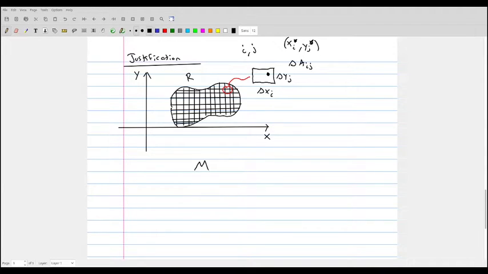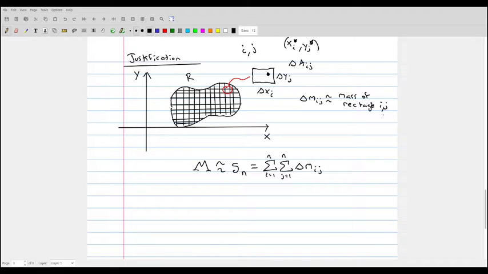The total mass of this object, this lamina R, is going to be approximately equal to the Riemann sum Sn, where Sn is the double sum over all of these rectangles of delta Mij, where delta Mij is approximately equal to the mass of the ijth rectangle.